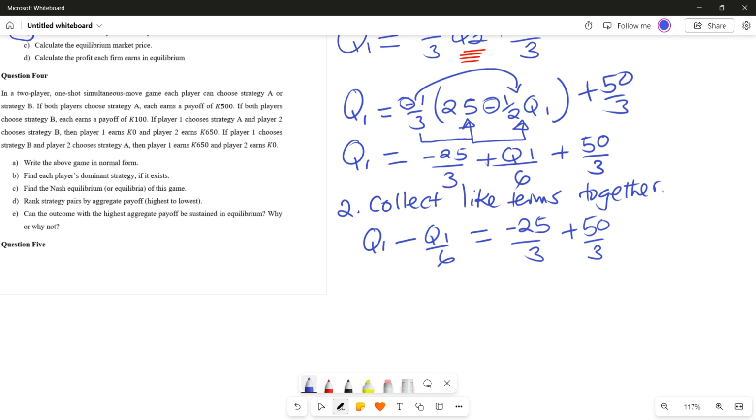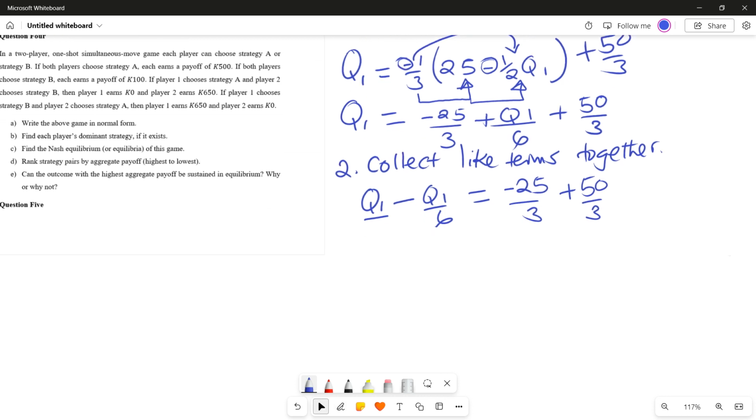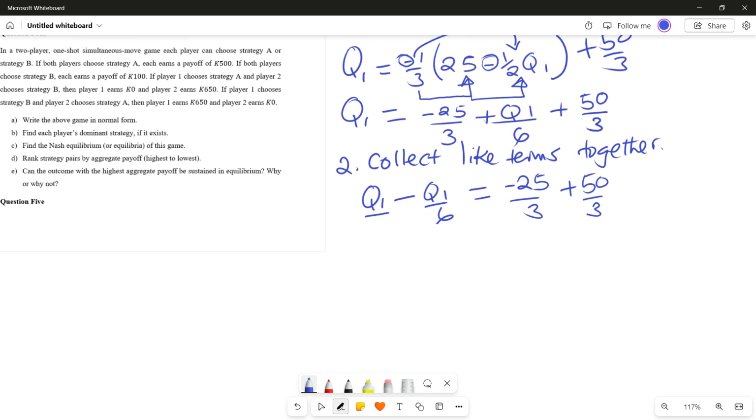You see that? So what we can do is on the left hand side we can make q1 a fraction. Alternatively, right now I'll try by all means to share with you those not really tricky methods, but methods that will not be difficult for you to remember or to handle.